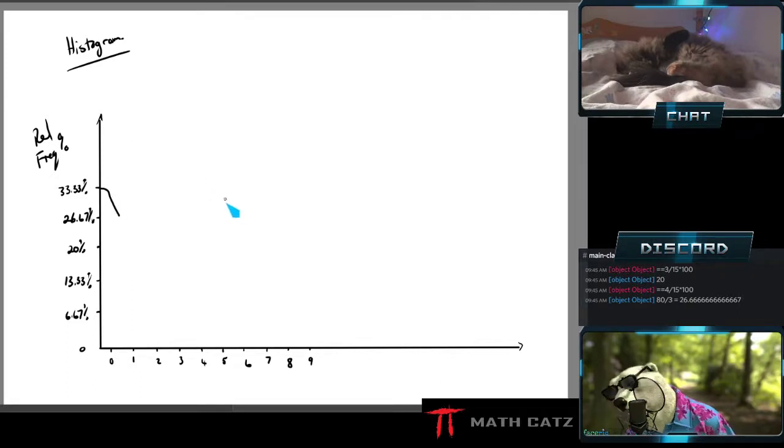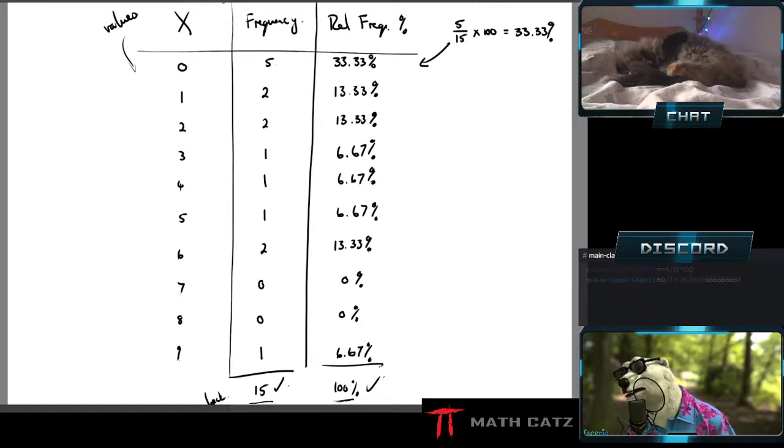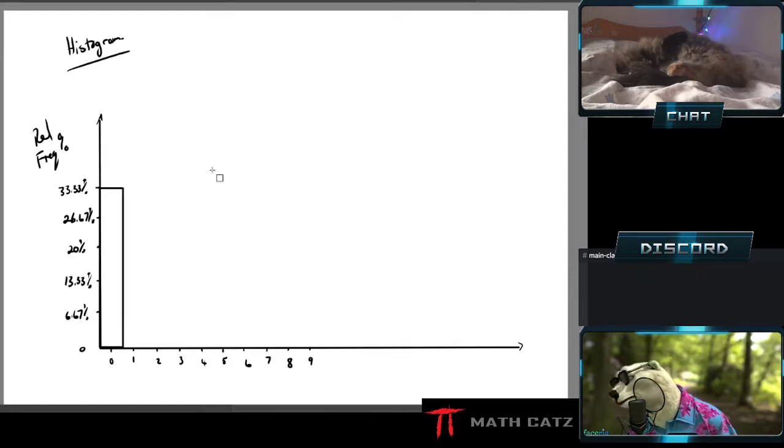Whoops, I had my tool ready. Where's my tool now? I had my rectangle tool changed his mind. The next bar is going to be a 2, and actually 2 2s. It's this one over here, right?